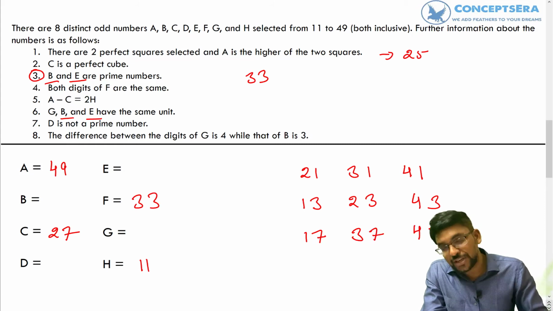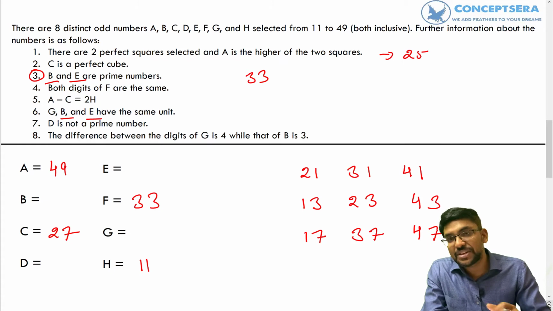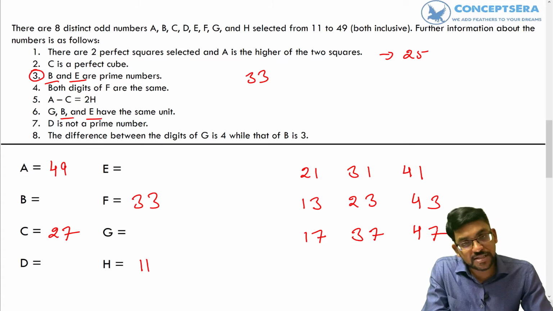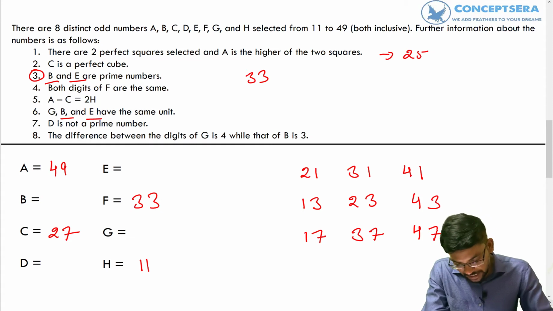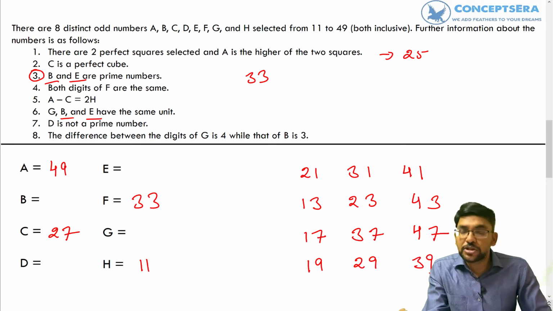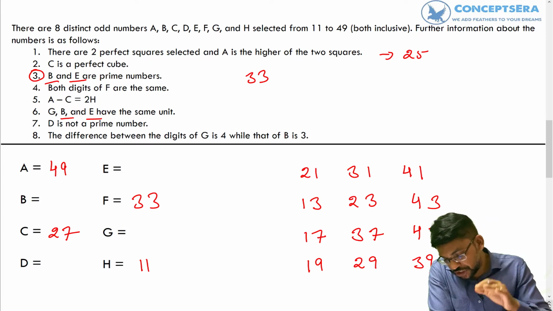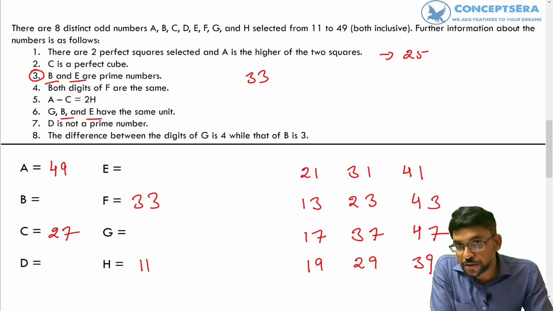I cannot take 27 here because 27 is represented by C. And finally we are left with the numbers ending with 9: 19, 29 and 39. So these are the possible cases and these are the possible numbers G, B, E can represent.